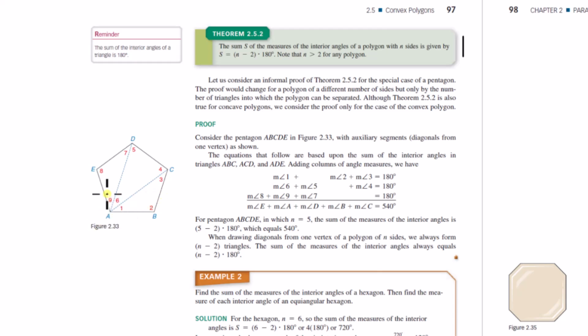And then you bring all these angles together and call that angle A. You bring these two angles together, you call that angle C. You bring these two together and call that angle D. And then 180 times 3 is going to be the sum of the interior angles.